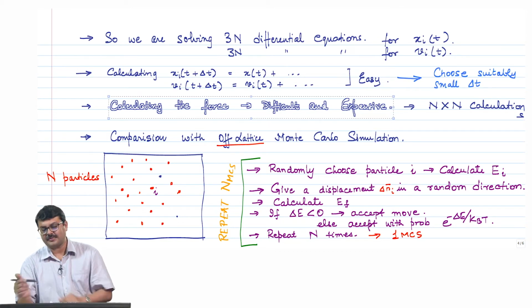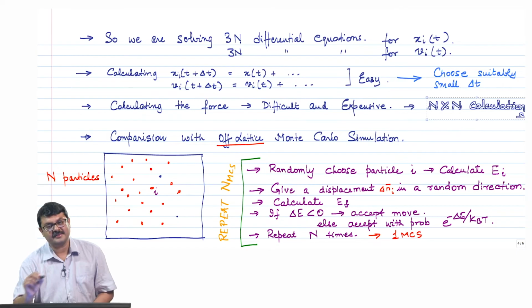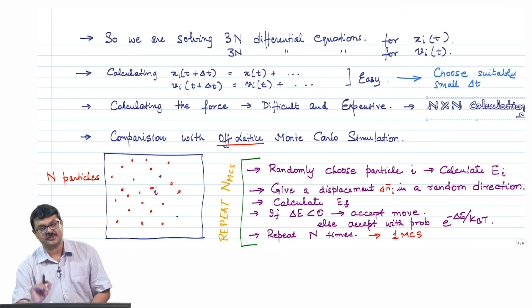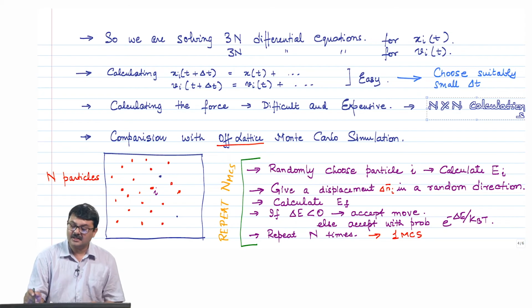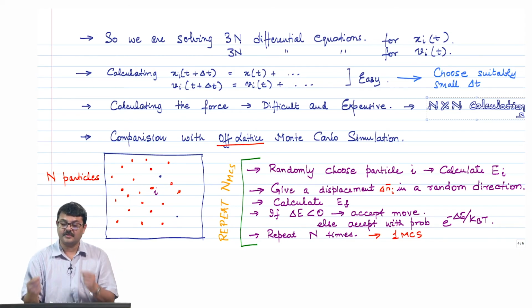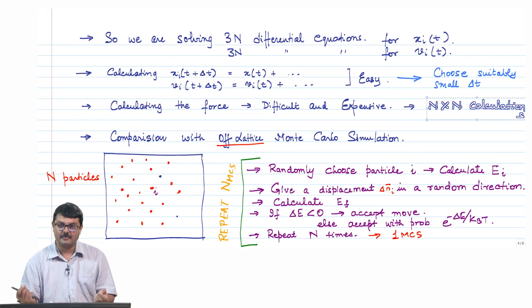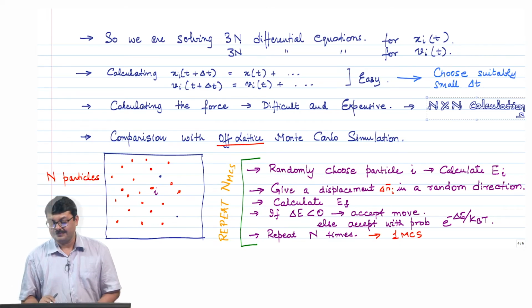Of course, there are steps to handle this aspect, especially for short range forces; you do not want an n cross n calculation, you want to reduce it, and we will discuss that. But in principle, for each calculation of force, you have to calculate the force between each pair of particles, which is an n cross n process, and then you have to calculate the distance and the expression.